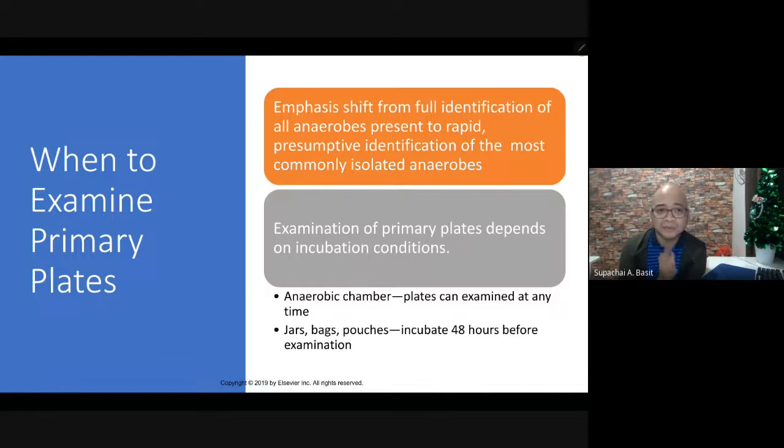So dito, it's very important to take note that examination of primary plates depends on the incubation conditions. So if we are using an anaerobic chamber, plates can be examined at any time. But if you are using jars, bags, or pouches, you have to incubate it for 48 hours.